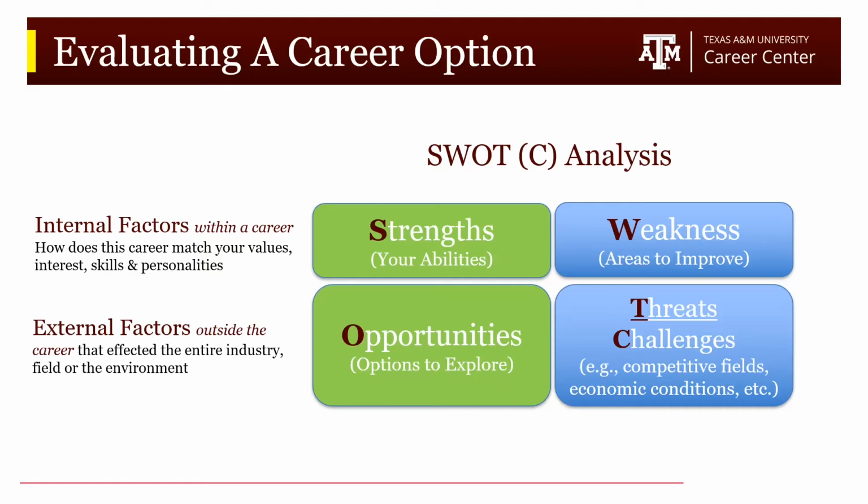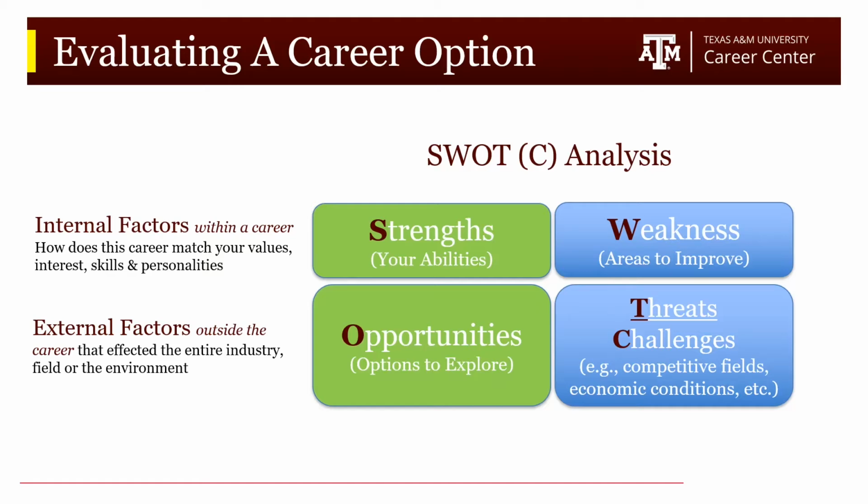First, separate internal factors from external factors. Before beginning your SWOT analysis, make sure you understand the difference between internal and external factors. Internal factors include strengths and weaknesses and relate to your qualities and experiences.